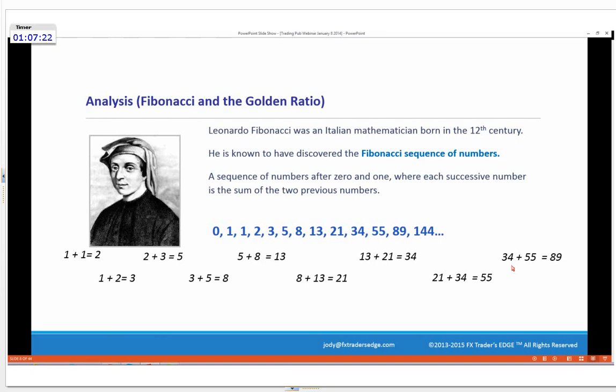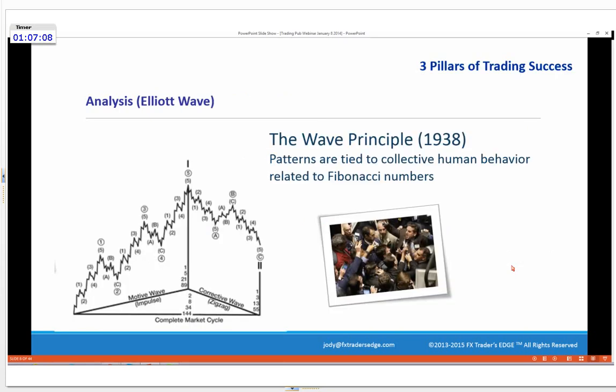And I like mathematics, I've always liked math, so this really intrigued me when I learned about the Fibonacci sequence, and I learned that when you divide one number by the next number, you get 0.618, and then when you went backwards or took the inverse of 0.618, you would get 1.618, and then if you skipped a number, you would get another ratio, and all of these ratios are the retracement targets and the projection targets that we know today, that we use in Elliott wave analysis, that we use in Fibonacci trading, that we use in harmonics.